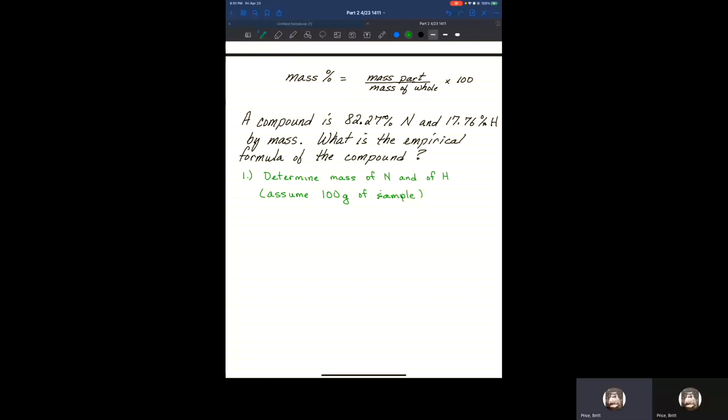If I assume that I have 100 grams of sample, then I would have 100 grams of the whole thing times my percentage.